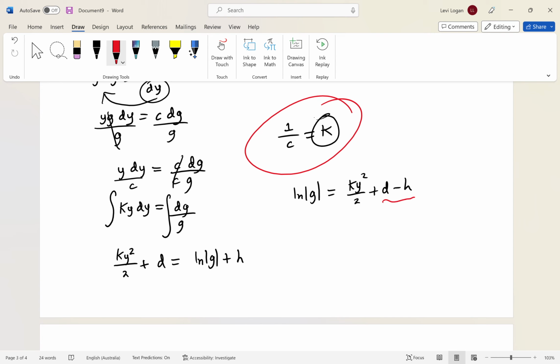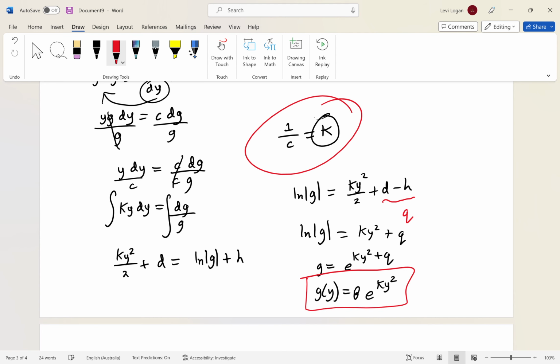This whole thing is going to be equal to another constant. Let's just call that q for arbitrary sake. So natural log of g is equal to k y squared plus q. Going to apply our log law. So g is equal to e^(ky squared plus q). Therefore, using our index laws, we're going to have a constant at the front and get rid of our q. So therefore, g of y is equal to some constant b e^(ky squared).